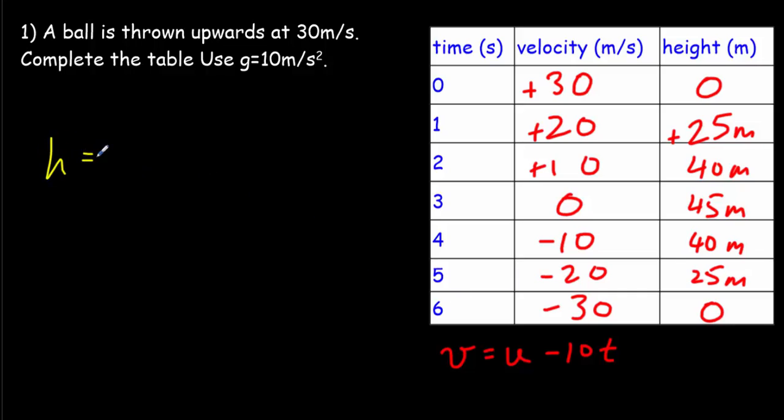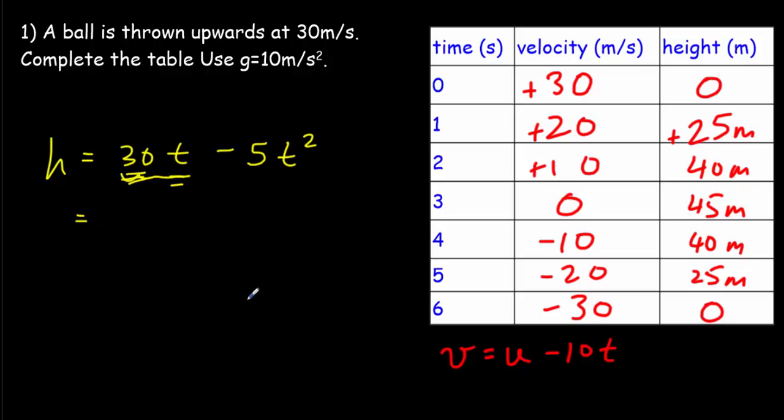The height should be equal to that initial speed times time. In other words, this here represents how high the ball would have gone if there weren't any gravity. If gravity weren't pulling on it at all, it would have gone at constant speed and it would cover 30 meters per second every second. But of course, gravity is acting downwards and it's going to bring it down by a distance of 5t squared.